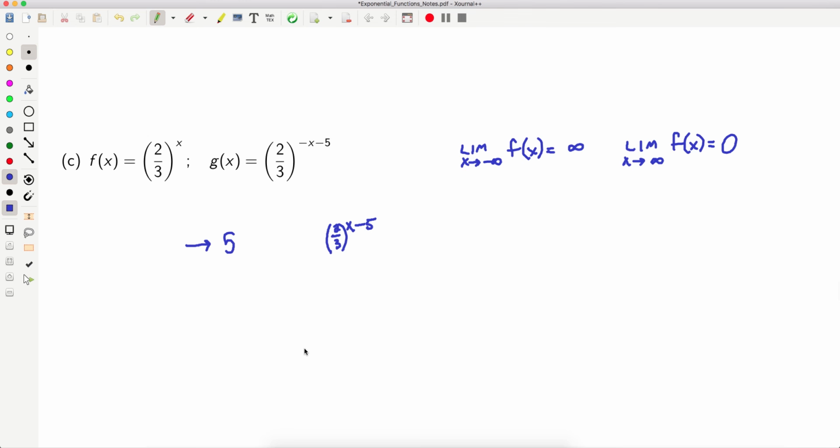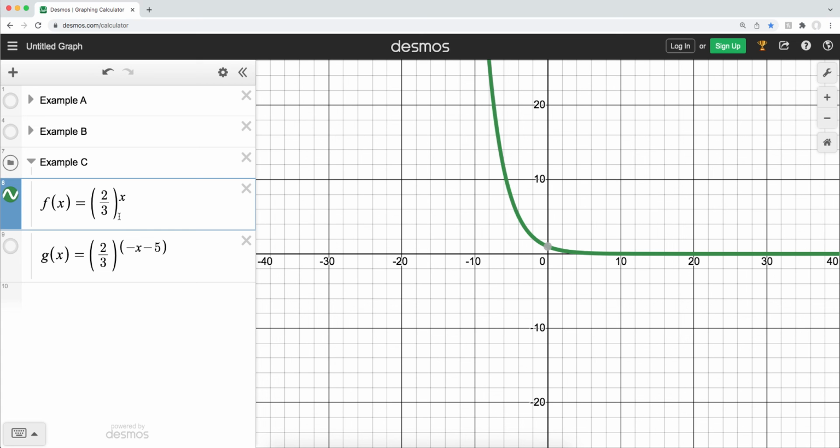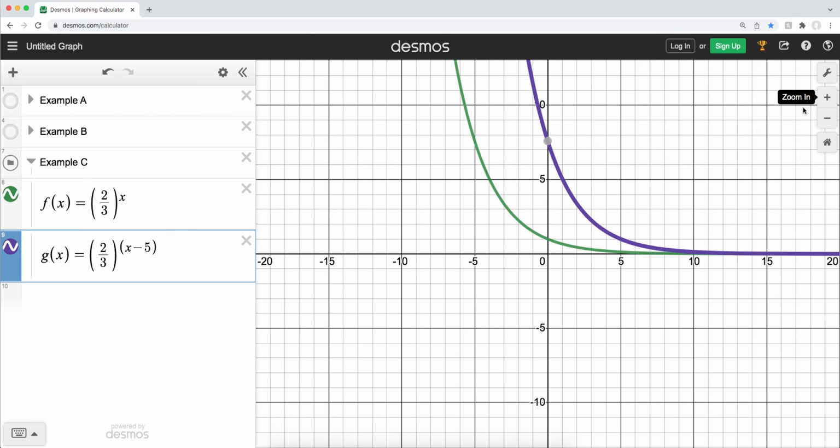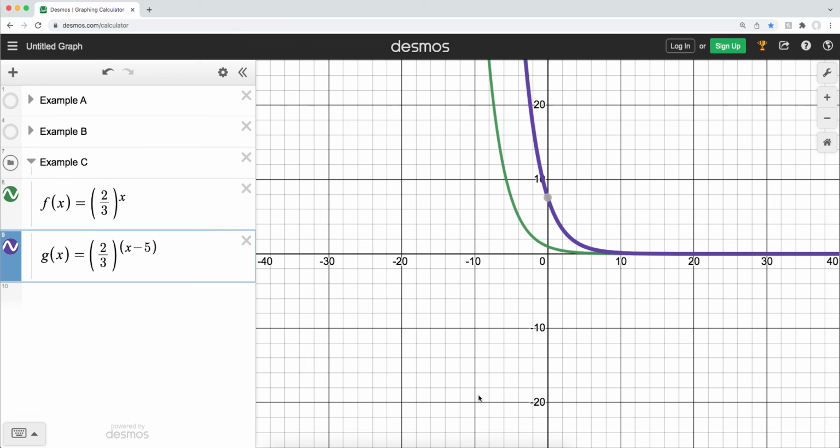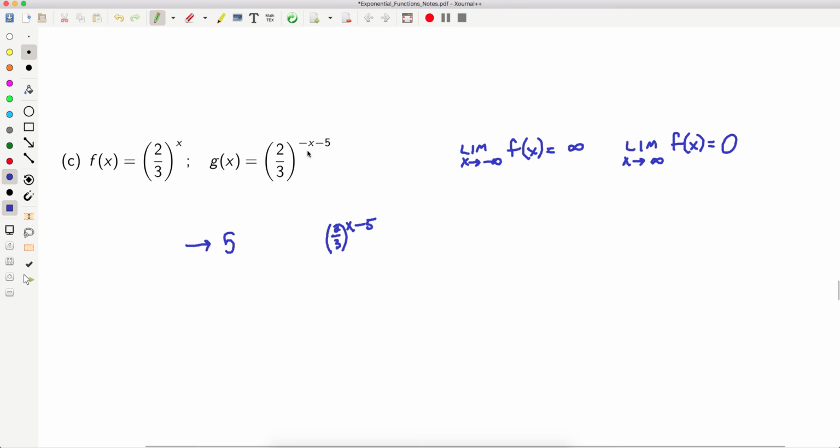And we can actually see that in the graph. So if we do, let me just get rid of this here for a moment. And notice again, it did shift our graph 5 spaces to the right. Might be easier if we zoom in here. So we do have 1, 2, 3, 4, 5 spaces to the right. And now we're going to replace this x with a negative x.